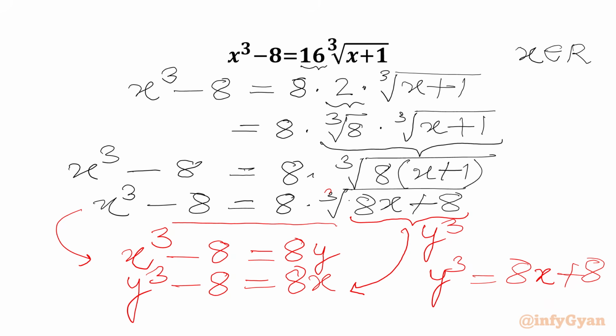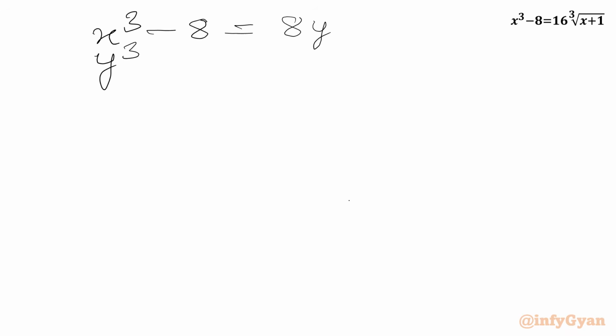Now we have one new system of equations. Here I will subtract the second equation from the first one. So I will write x cube minus 8 equal to 8y. The second equation is y cube minus 8 equal to 8x.